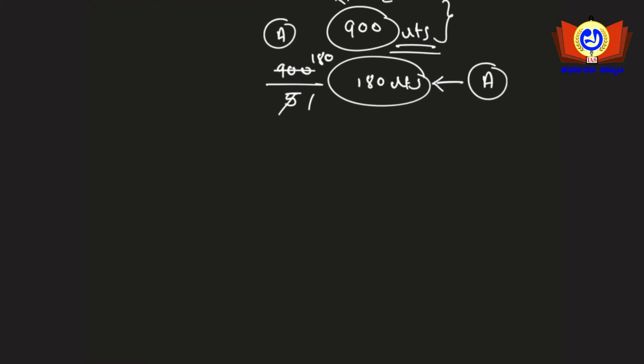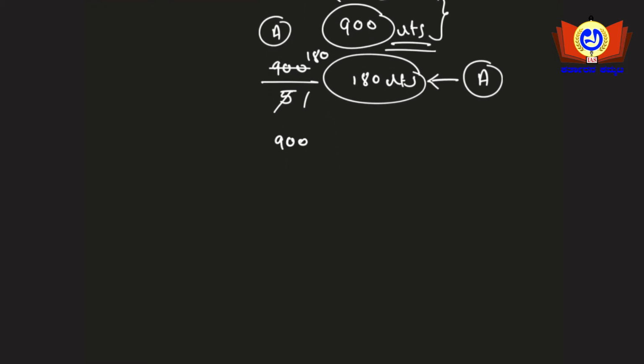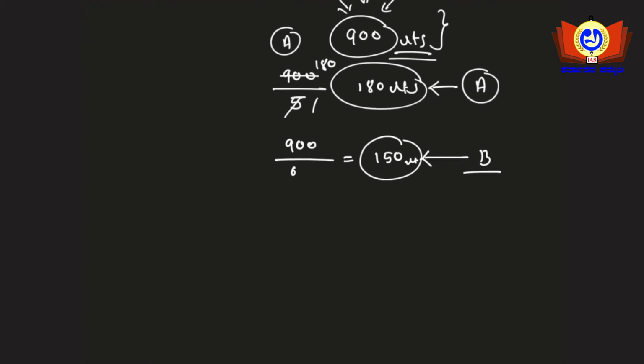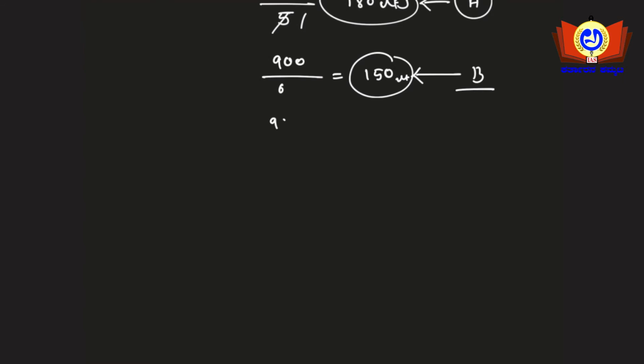Similarly, 900 divided by pipe B, 6 here, that will be 150. Pipe B will be filling 150 liters in 1 hour. Similarly 900 divided by 30, I'll be getting 30 liters here.